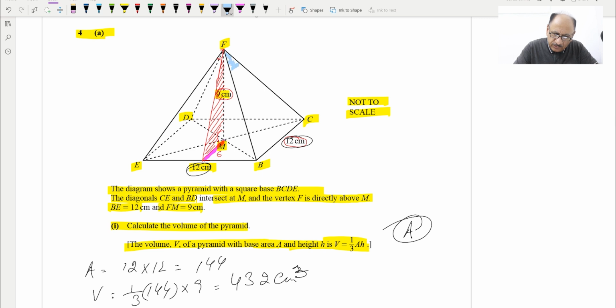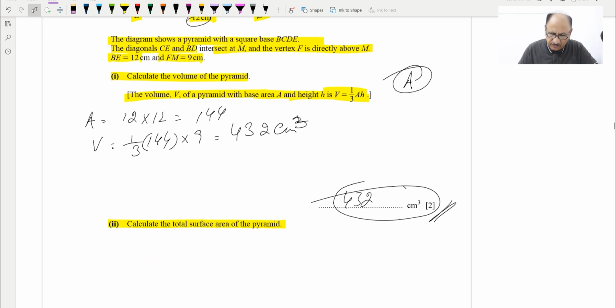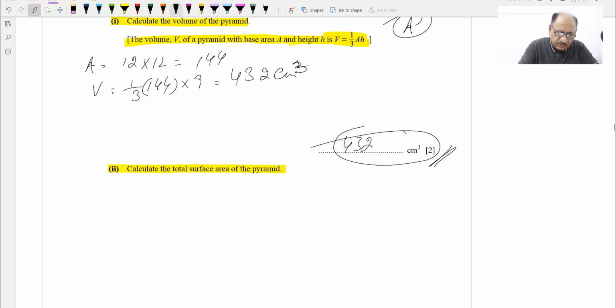Area of this triangle will be required, because base area plus these four triangles will be there. We will find area of one triangle and we will multiply that area by 4, and we will get the four triangle areas, and then we will add this. Hopefully you understand the strategy.